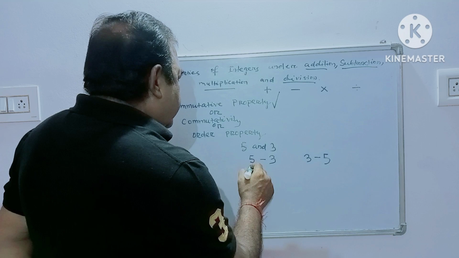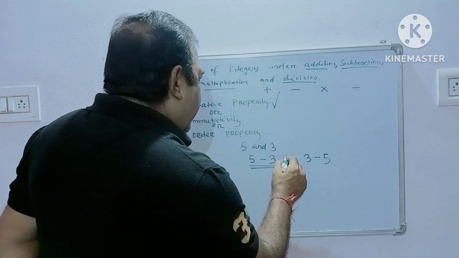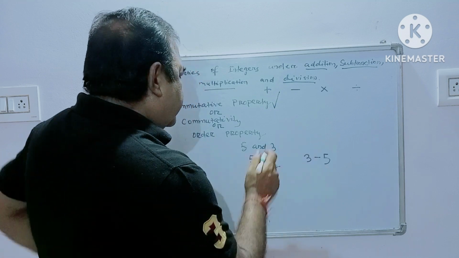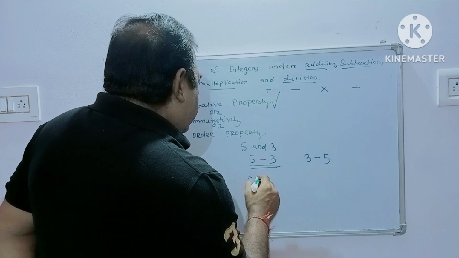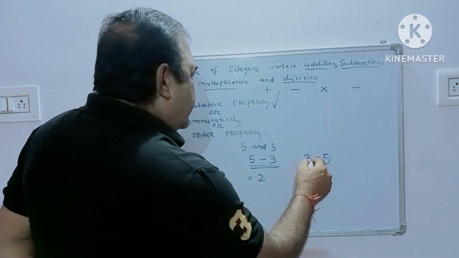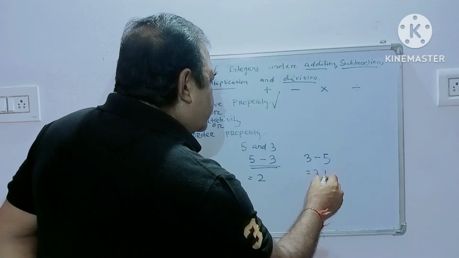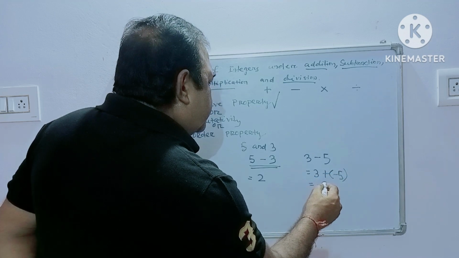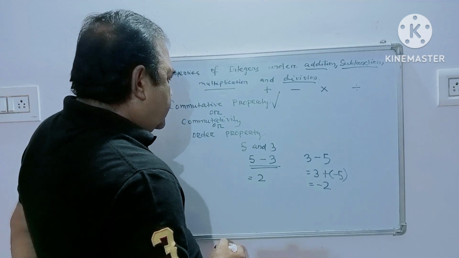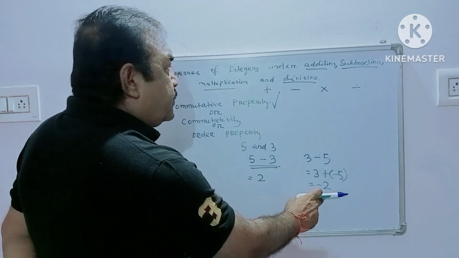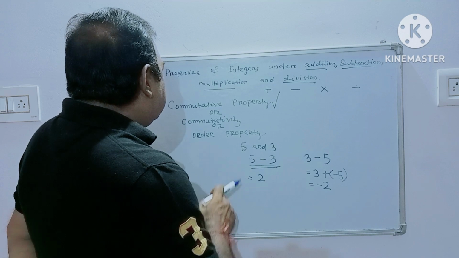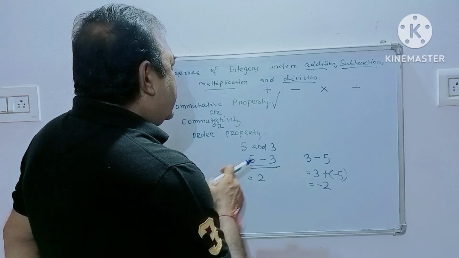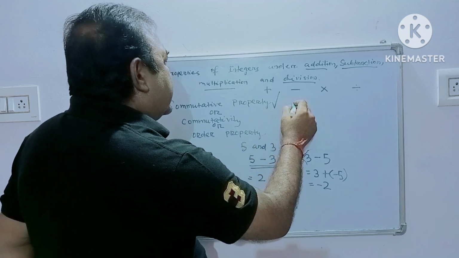What is 5 minus 3? That is equal to 2. And what is 3 minus 5? That is equal to 3 plus of minus 5, and you follow the addition rule. So this is minus 2. So 2 is not equal to minus 2. So the integers do not show commutativity under subtraction.